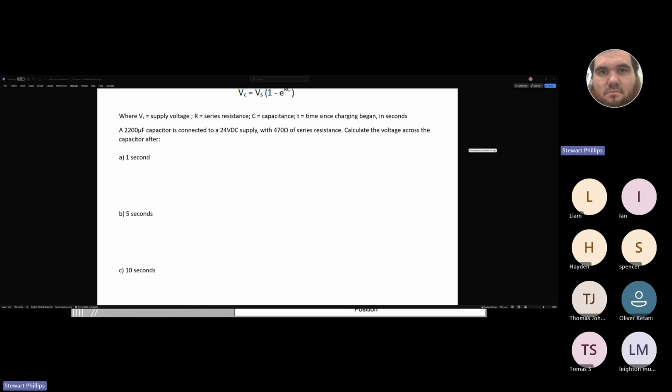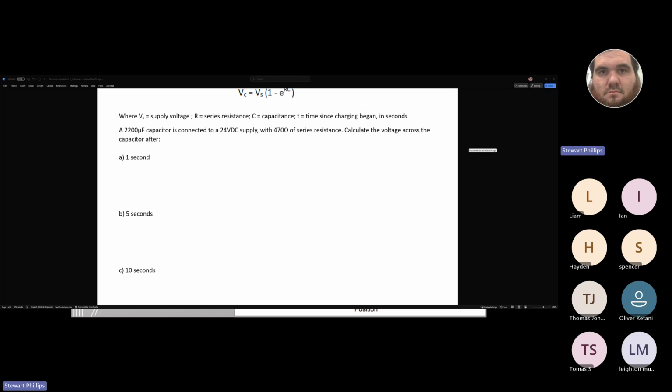So basically, it charges rapidly. At 1 second, it was already at 21 volts, and now after 10 seconds, it's only reached 23.99 volts. This is because it rapidly charges.